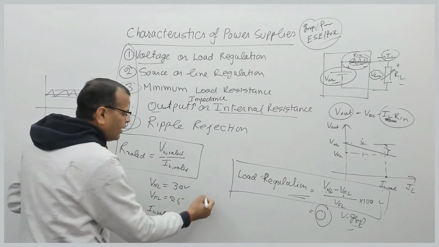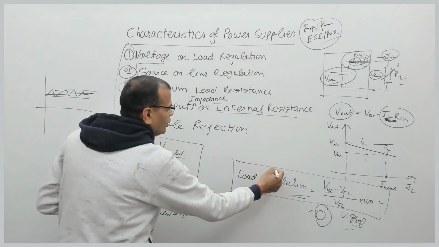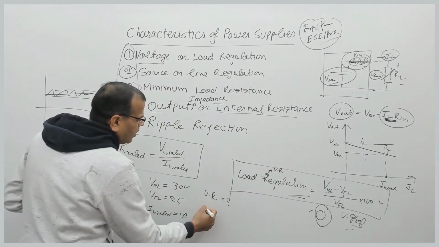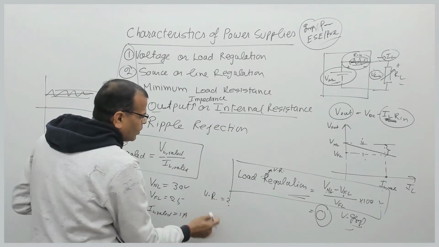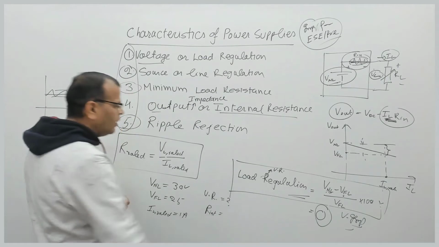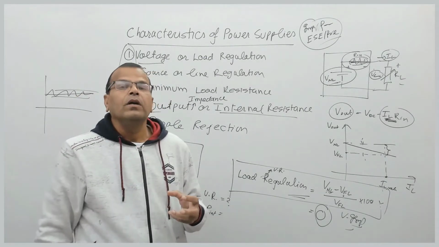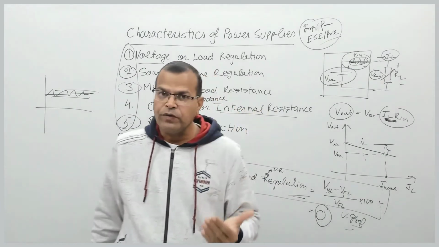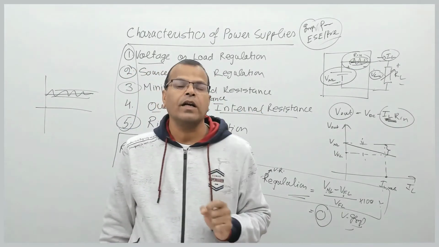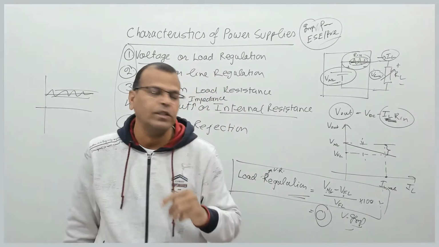You have to find the voltage regulation, and you have to find the internal resistance or internal impedance of the power supply. So I repeat, you are given a no load voltage of 30 volt, a full load voltage of 25 volt, and the rated current, and you have to find two parameters: one, internal resistance, second, voltage regulation.